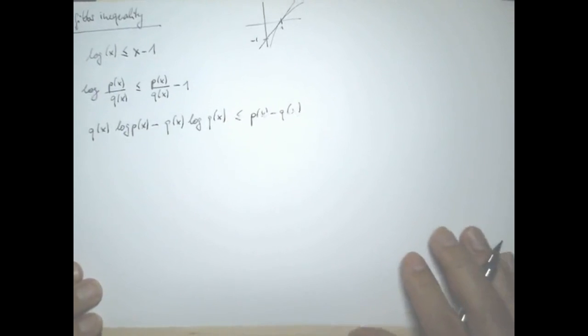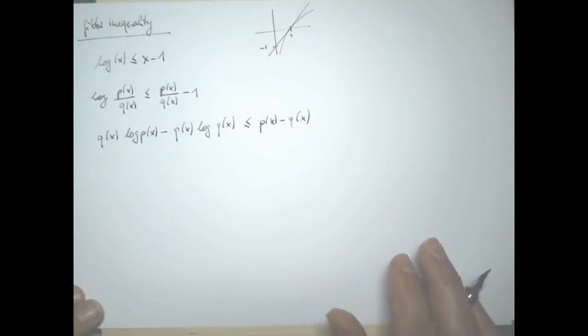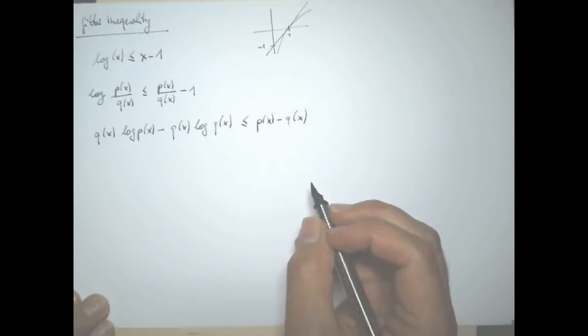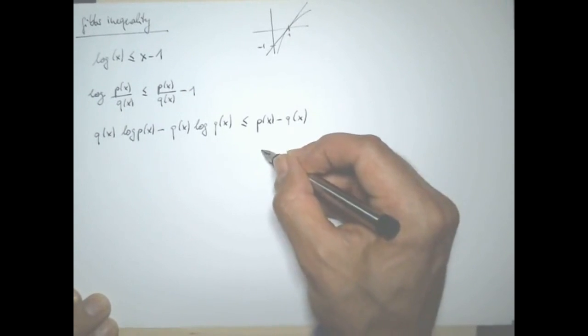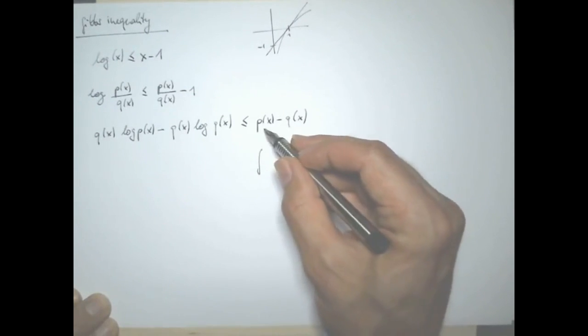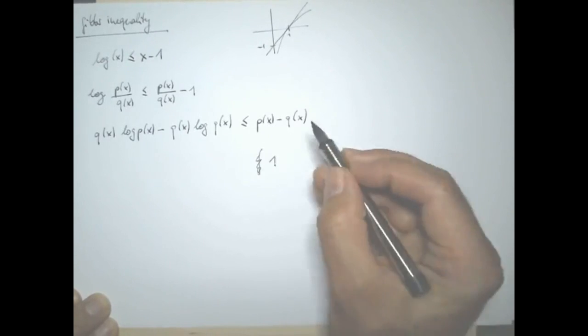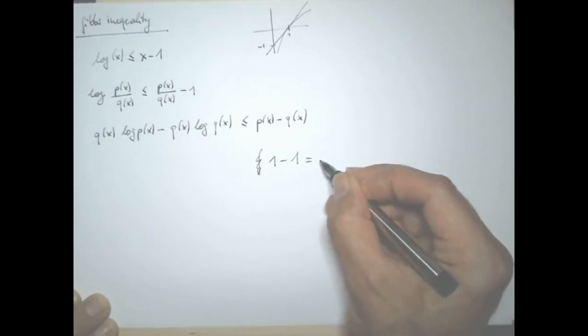And now, depending on whether it's a continuous or discrete variable, I can integrate over or sum over both sides. And on the right-hand side, you see if I sum or integrate over p of x, this will give me just 1. And if I sum or integrate over q of x, this will also give me just 1. So this vanishes.